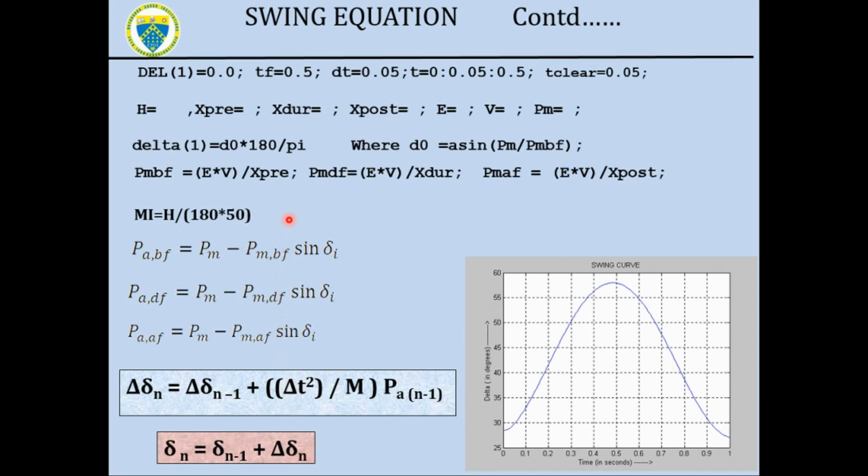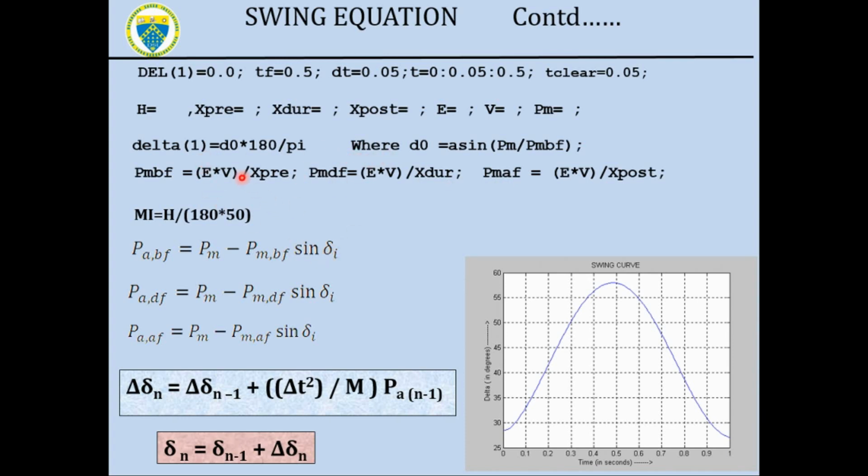So what is required if you want to evaluate this? You need to evaluate PA and MA, which we have written. To evaluate these we need P max before fault, during fault, and after fault, which we have initialized. Then the initial delta 1 value we have determined.